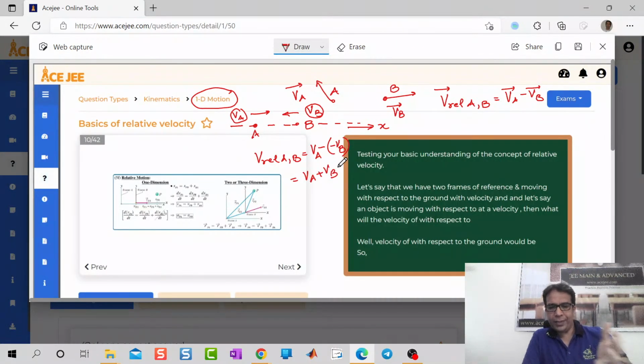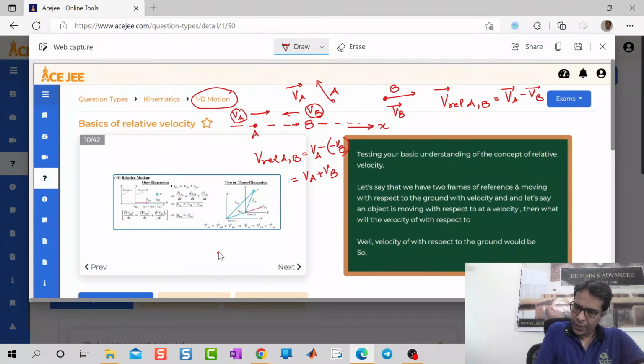If both were moving in the same direction, so let's say A is moving in this direction and B is also moving in this direction, then the relative velocity of A with respect to B will be VA minus VB.